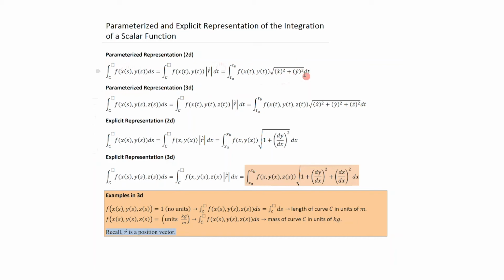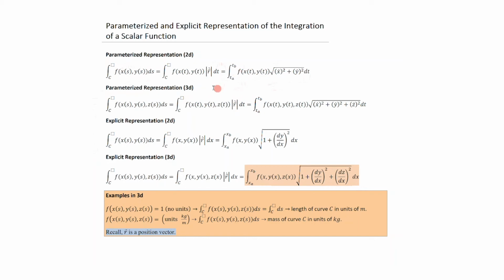So once you're given the position vector, that means you know what x of t and y of t are, then you can express the function f purely in terms of variable t, and this term also becomes a function of t, dt, and now you're integrating between a lower bound and an upper bound of t. So when you're defining a position vector, not only do you need to know what the relationship looks like, but you need to know what the endpoints of the contour are. That would be t_a and t_b.